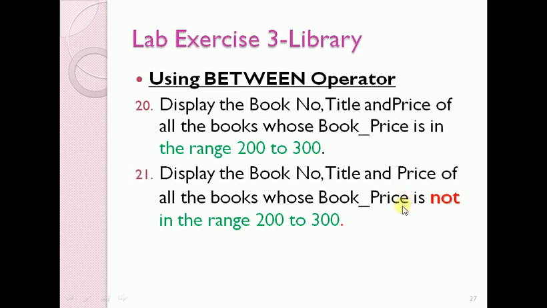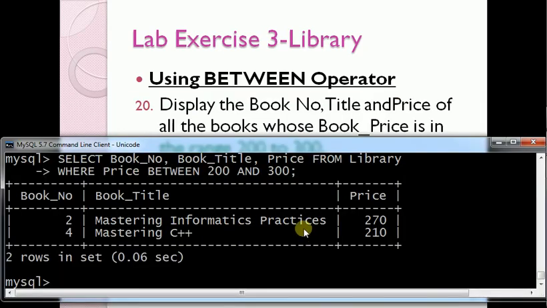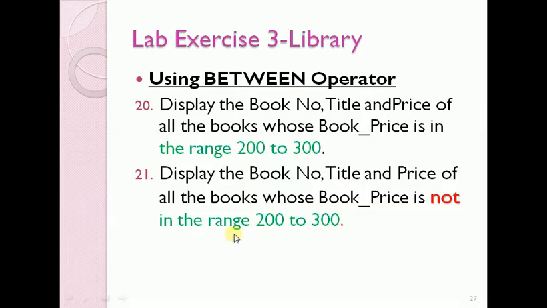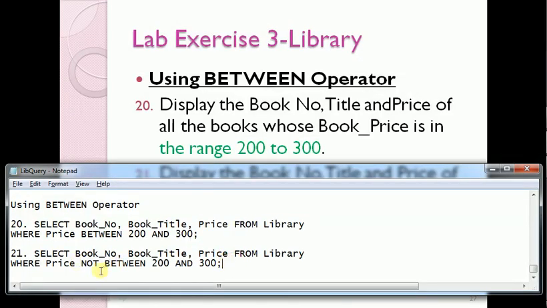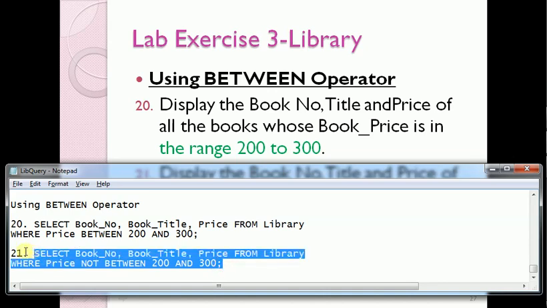Not means just the opposite of between, so you can just use a not before the between to get the result of this query. The query is the same, we just need to add a not before the between, like this: not between. Let's execute this same query.